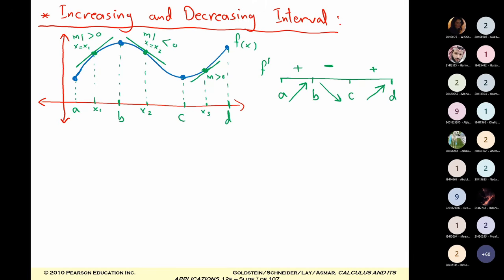This is the value of f prime. Now we must find the sign of f prime, positive or negative, around the stationary point. To find the increasing or decreasing interval, if f prime is positive, in this interval the function increases. If f prime is negative, it decreases.